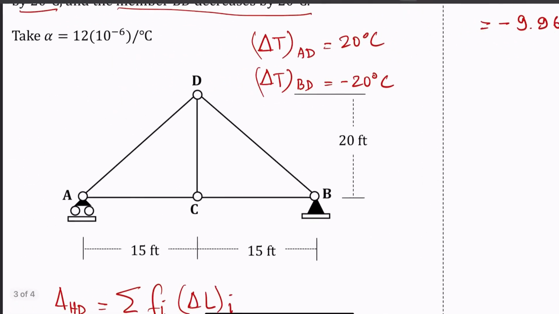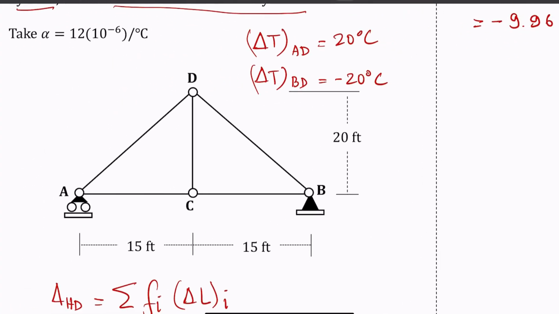Remember that for finding the unit load member forces F, we applied a unit load 1 kilonewton. But we get negative, so because we get negative, that means the actual H D should be in the opposite direction. And you can tell whether it's true or not. We say that AD temperature rises, and BD temperature drops.